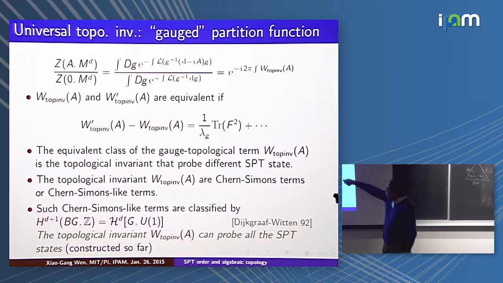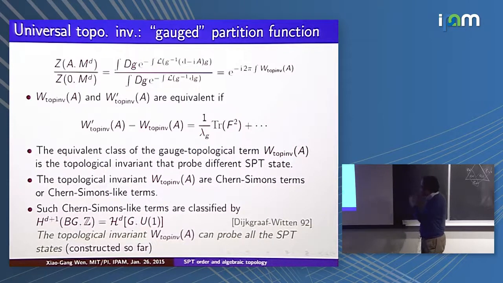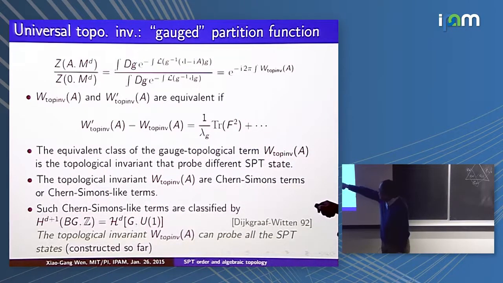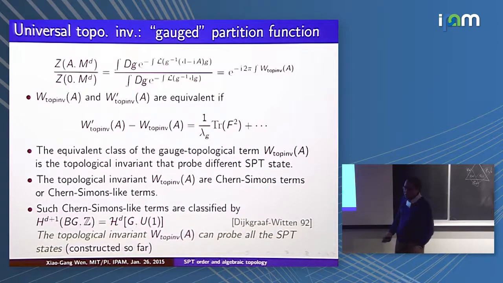So this ratio itself does not directly give us topological invariance. Then the proposal is this: the ratio is like an action term. Different action terms are equivalent if they differ by some kind of local term, local as a function of curvature, so there's an equivalence relation.